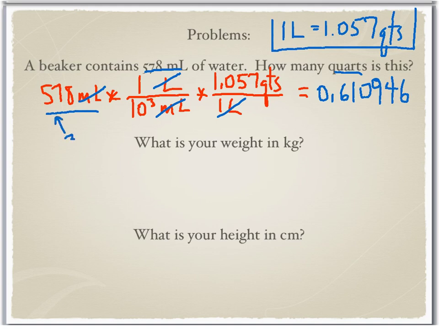But that number has 3 sig digs. This one doesn't count because that's by definition, but this English to metric conversion, we have to pay attention to the fact that that has 4 sig digs. Somebody rounded that off. So this number needs to be rounded to 3. 0.611 quarts then would be the answer.